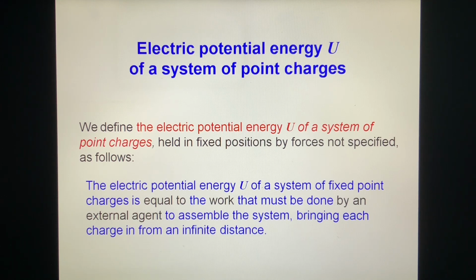This definition is important. How do we handle it? We bring every charge from infinity to its place and see how much work is required. That is the potential energy U.